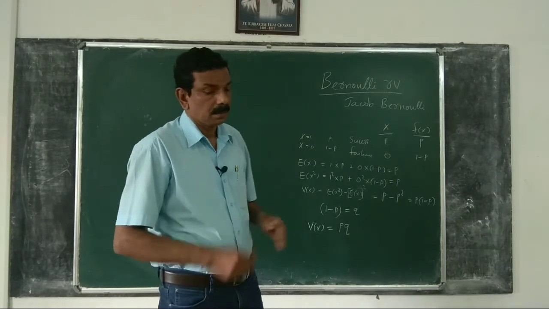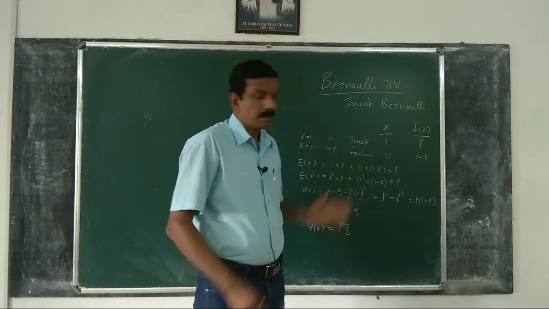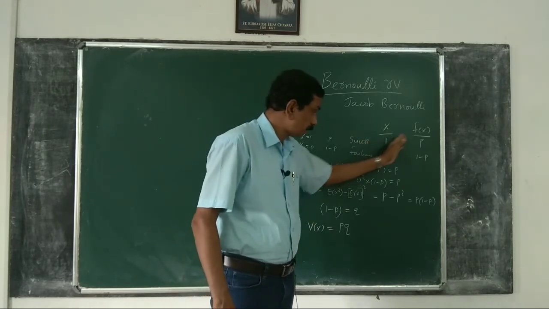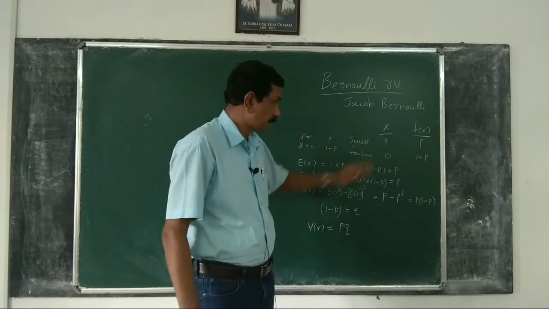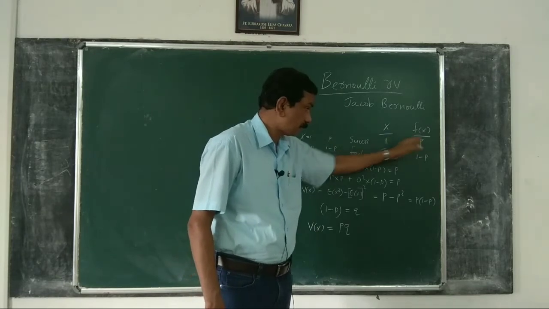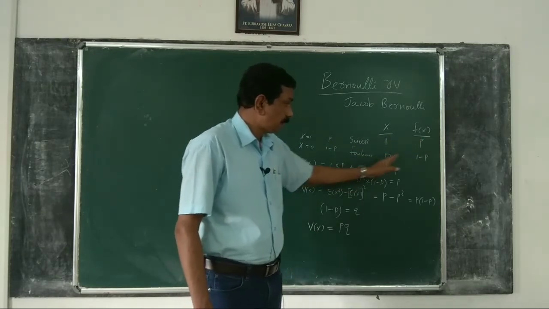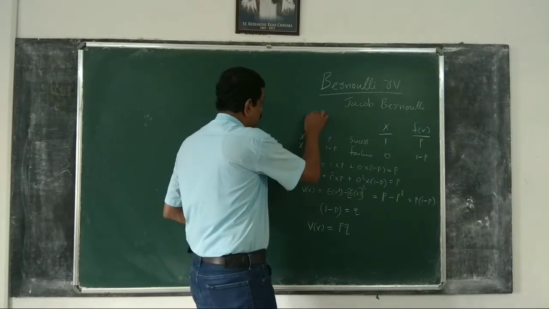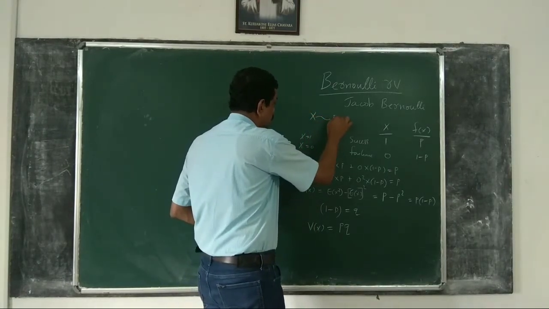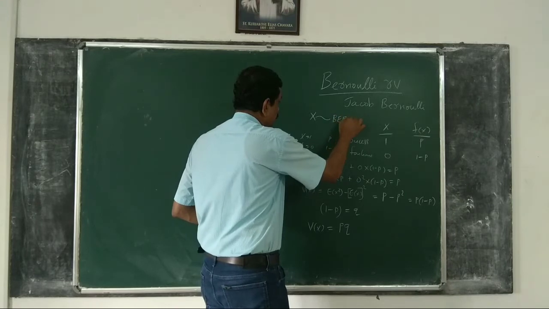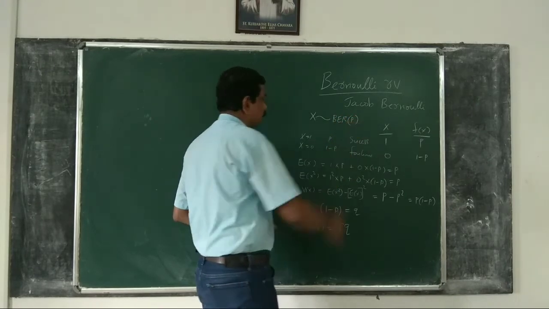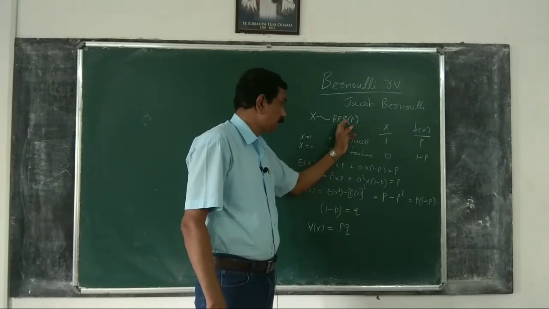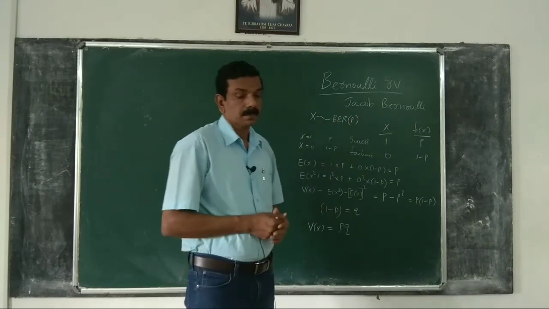So, if x is a Bernoulli random variable with the probability of success equal to p and failure equal to 1 minus p, we write it as x is distributed as Bernoulli with p.